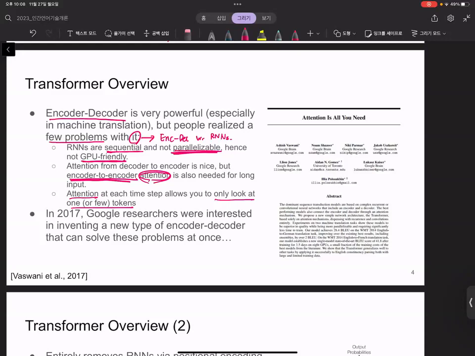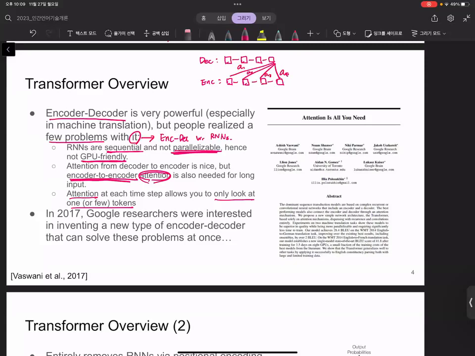For example, this is the decoder side, this is the encoder side, and this is the attention, A1, A2, A3, A4.